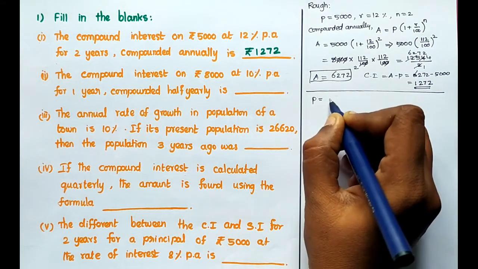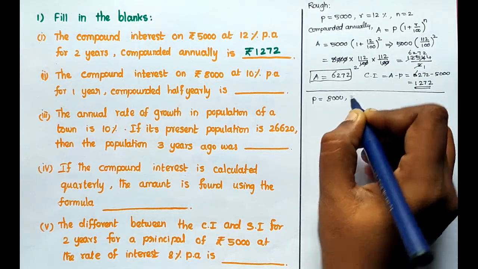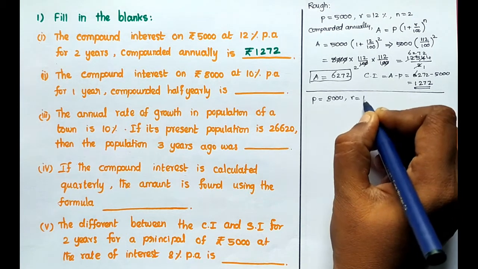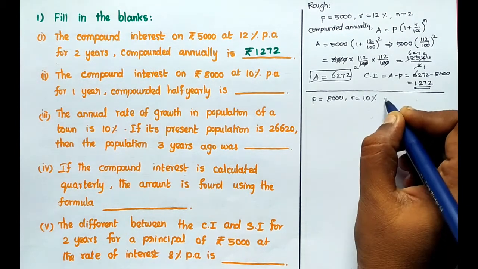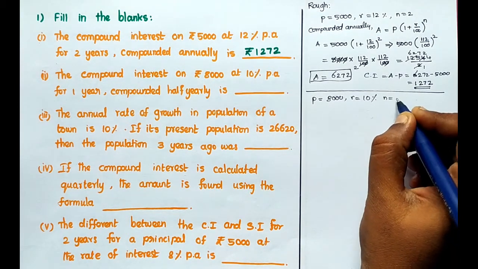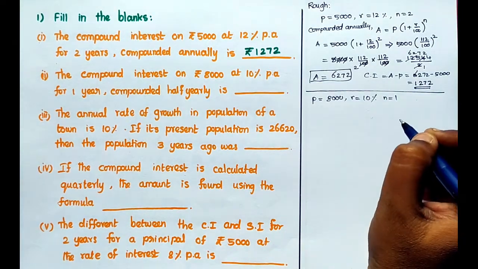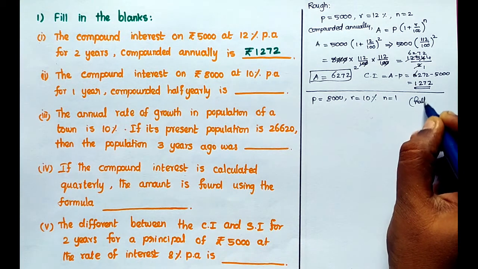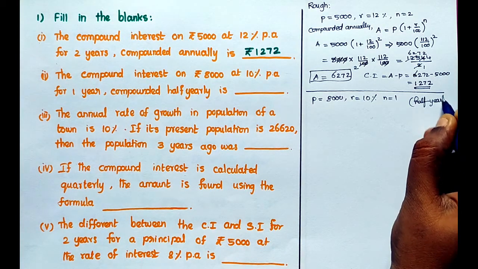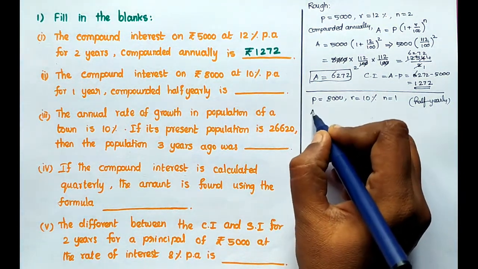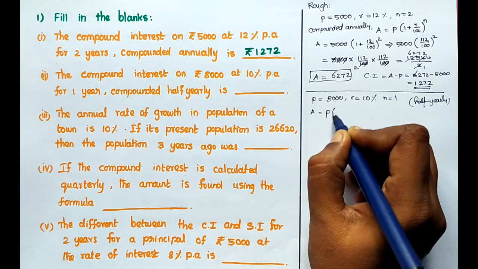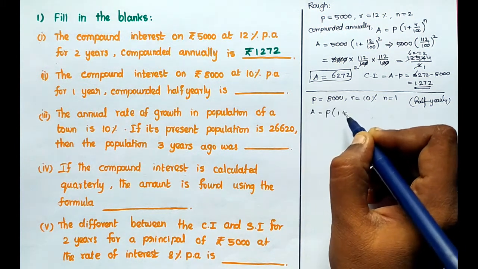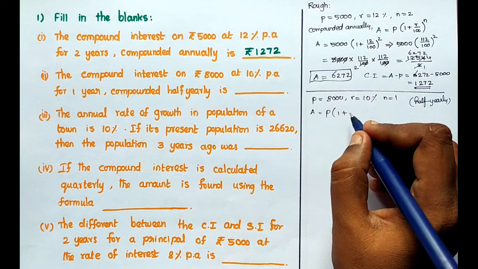Here P equal to 8,000 and rate of interest 10%, n number of years 1 year, compounded half yearly. Half yearly means amount equal to P into 1 plus, what's the formula?